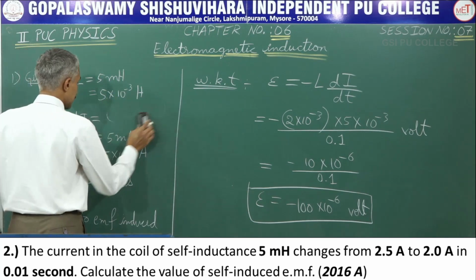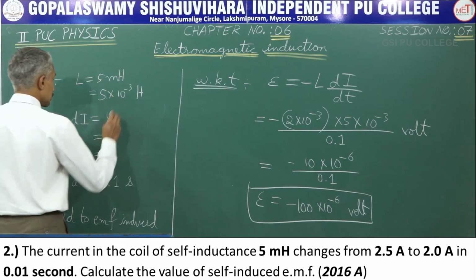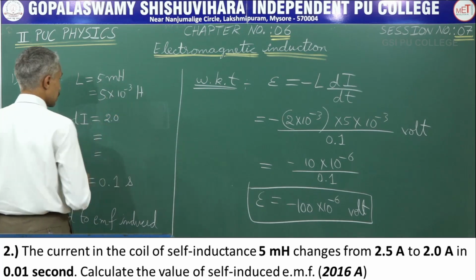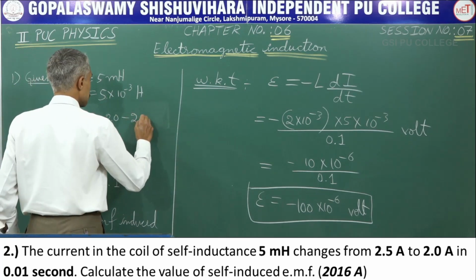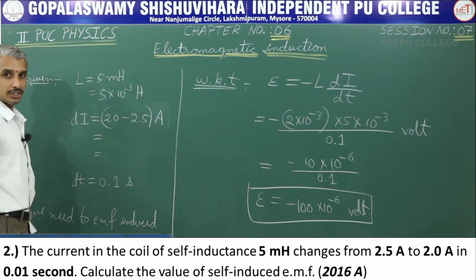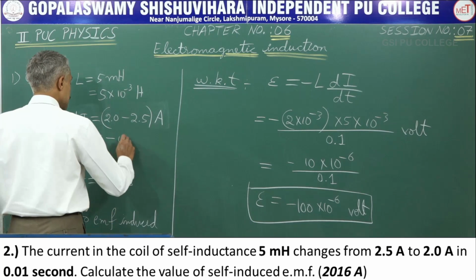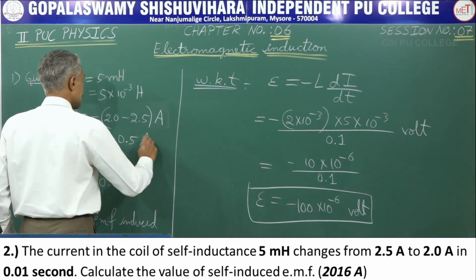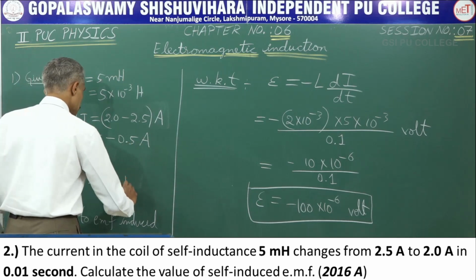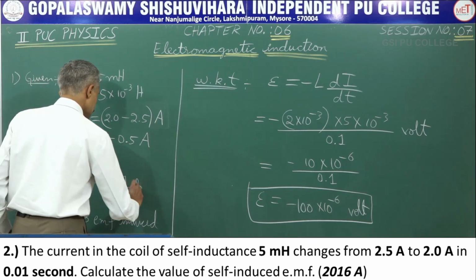The change in current: the final value is 2.0 ampere and the initial value is 2.5 ampere, final value minus initial value. Now I will get this as minus 0.5 ampere. The time taken for the change is 0.01 second.